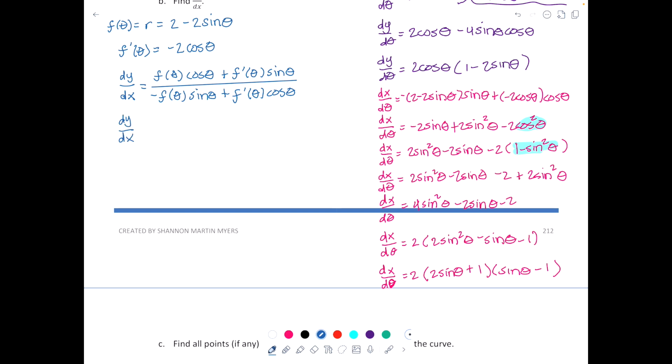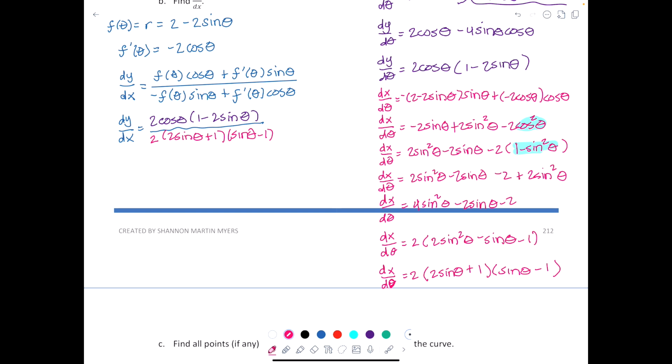So dy dx will be equal to, so dy d theta ended up being 2 cosine theta times 1 minus 2 sine theta, and then dx d theta ended up being 2 times 2 sine theta plus 1 times sine theta minus 1.